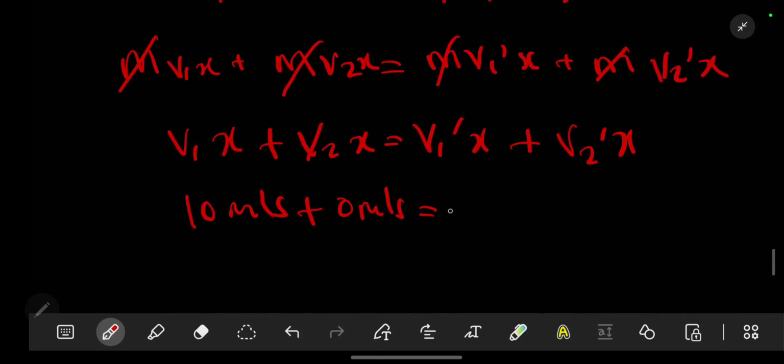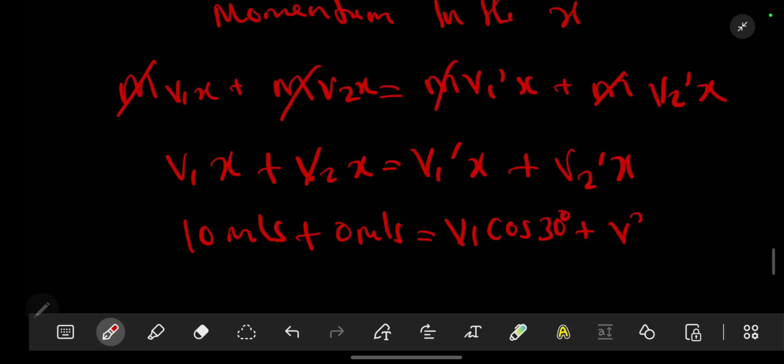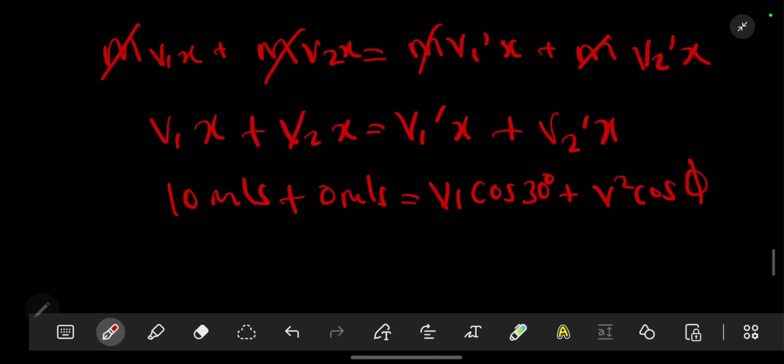So it will be v1 cap cosine of the 30 degrees plus our v2 cosine of our angle. In this case, we are going to call this angle theta.